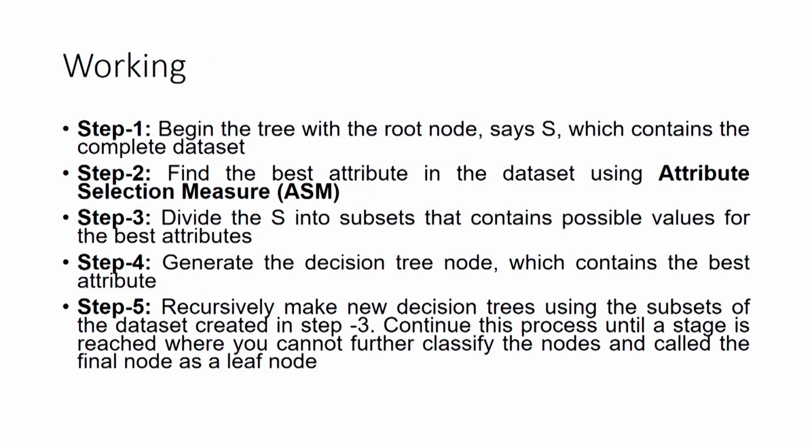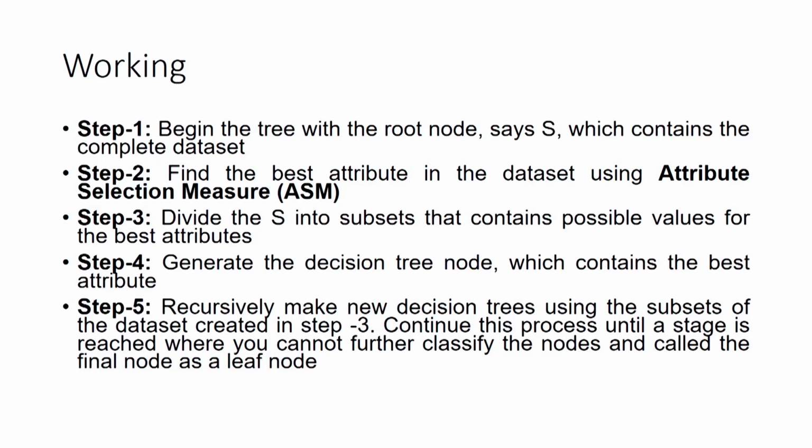So let us see the working of a decision tree. Generally the first step is to begin the tree with the root node, suppose S. This root node corresponds to the whole data set, and then we will find the best attribute in the data set using an attribute selection measure.